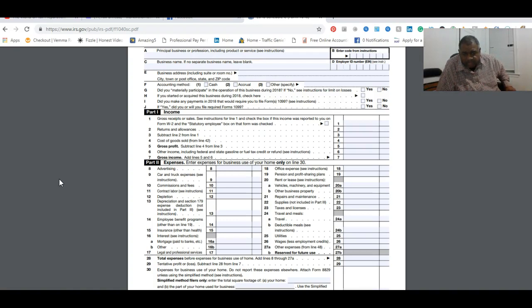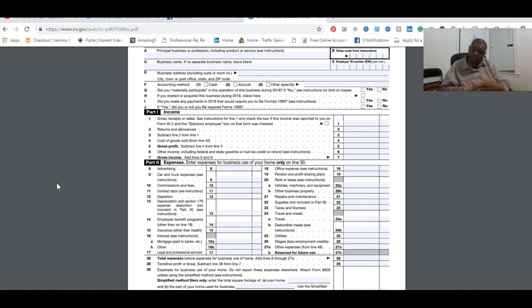Some office expenses you may have to get from Office Depot or Home Depot or whatever office supply store you go to. Utilities. If you had any employees, they will go on line 26. And if you had other expenses, that is a section where we would put expenses that were generally not covered in the expense section.